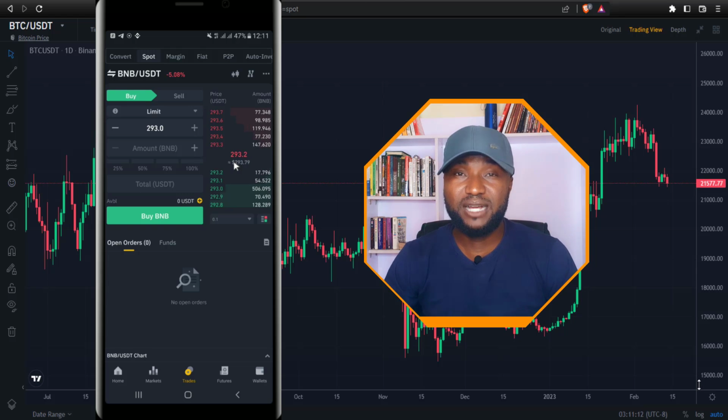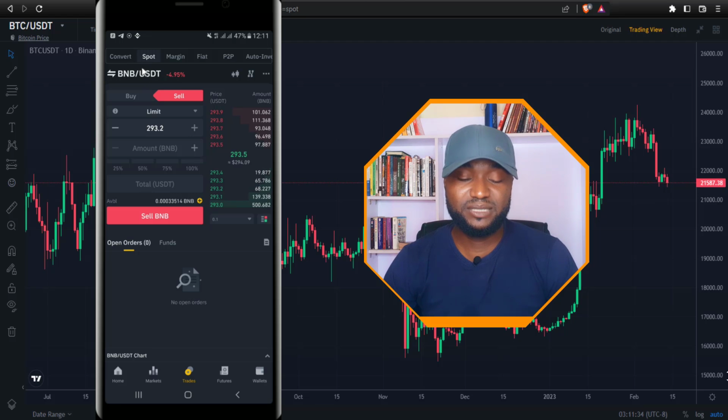If I want to have it as a stable coin so that I don't see fluctuation, and I want to take my profit from this, I can simply sell it to USDT. To sell it, you simply come to sell. In this case, you're saying that you have BNB and you want to get USDT, which is a stable coin. I hope you get that.